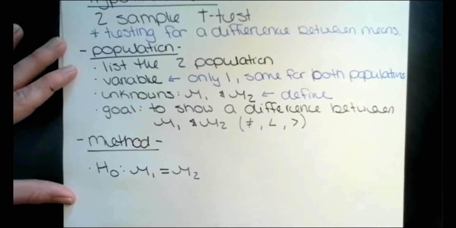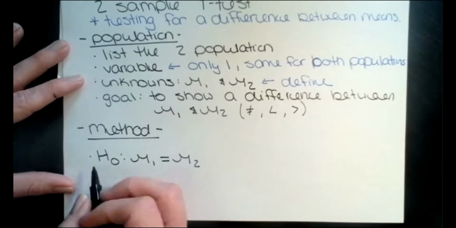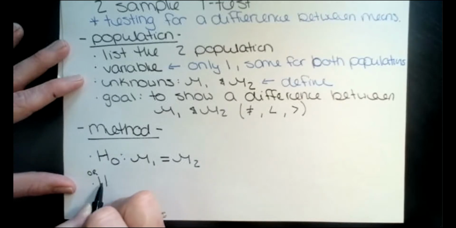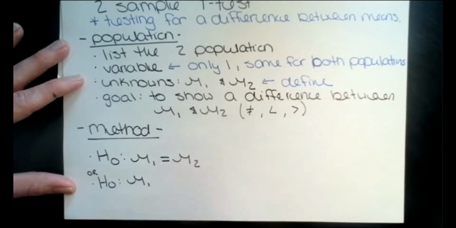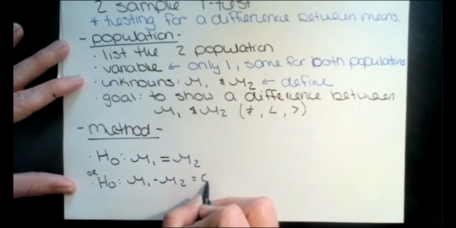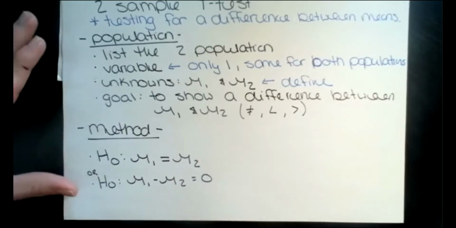But we can write it the same way that we did with proportions, if we remember. Or we can write it where the null is mu1 minus mu2 is equal to 0. This means that they're the same either way. It means that the two means are the same. So you can write it either way you want.